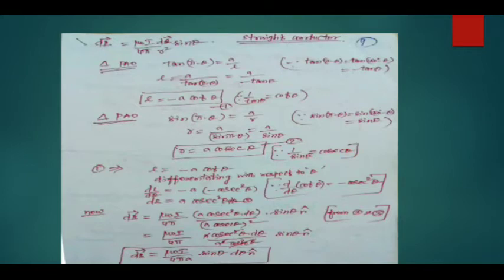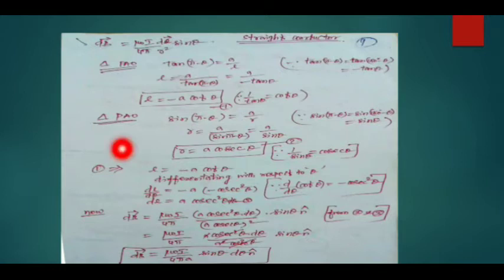Therefore, from this one I am going to take R, which is equal to A by sine theta. If I am taking 1 by sine theta, that is equal to cosecant theta. Therefore, R is equal to A cosecant theta. Do you understand? This is equation number 2.